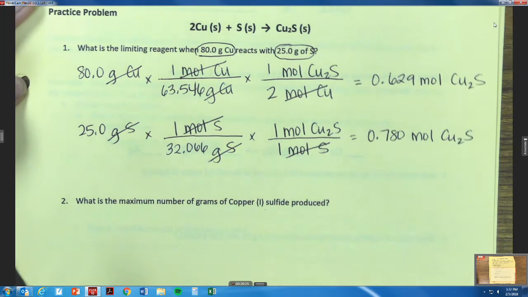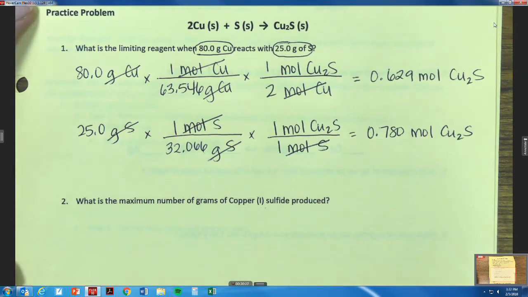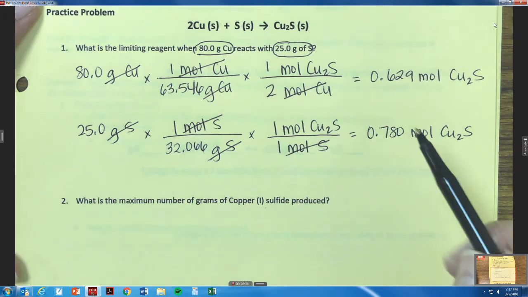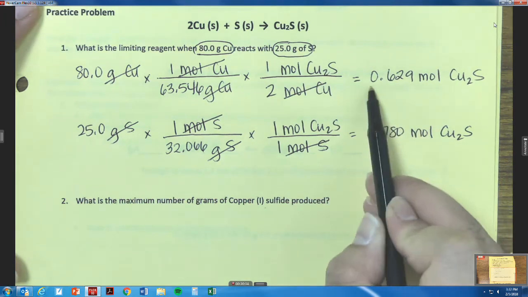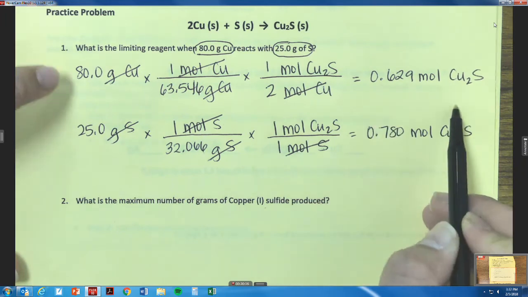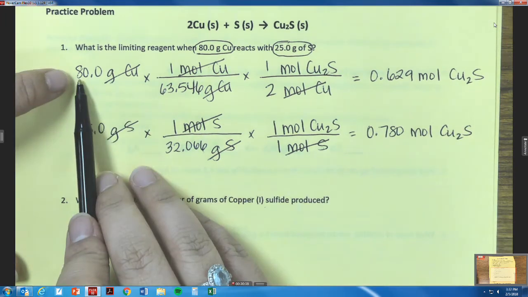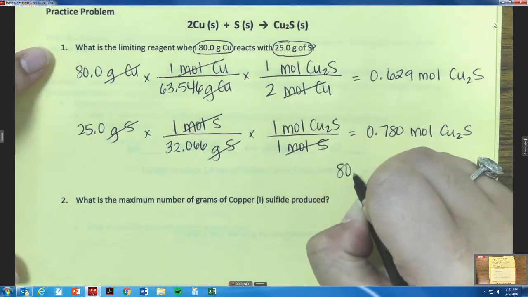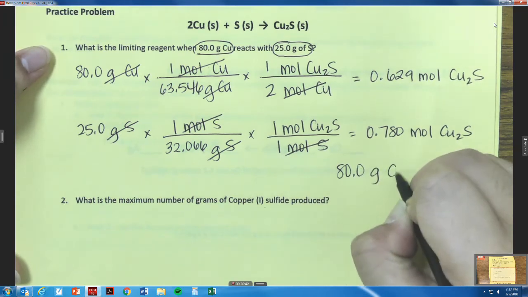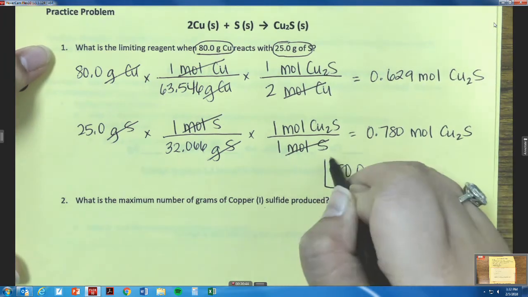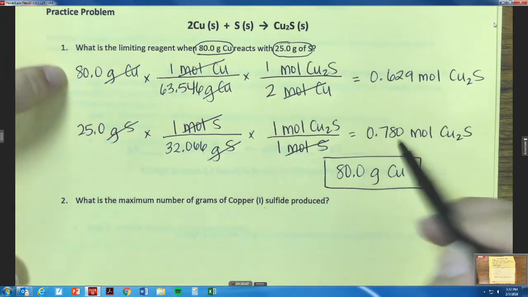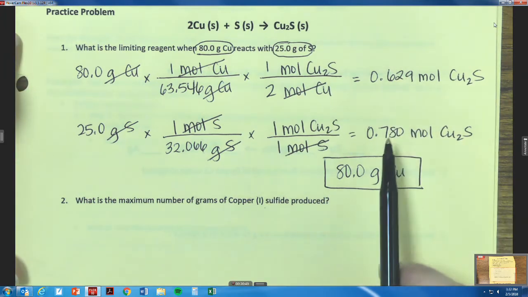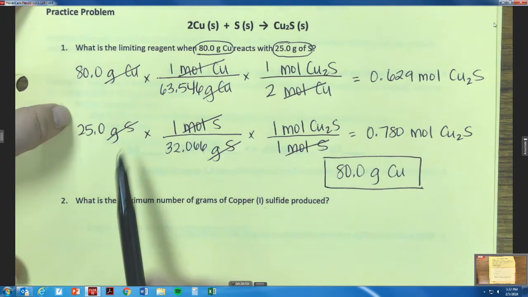Which one is going to prevent us from making as much as we want? Well, our answer, remember, is always going to be the smaller of the two. So that means our 80 grams of copper is going to be our limiting reagent, because we won't be able to produce as much as sulfur can.